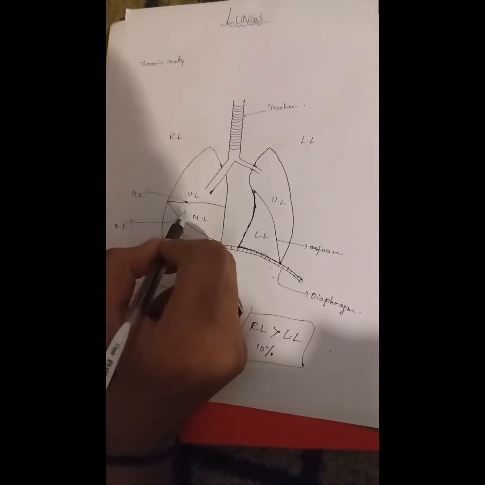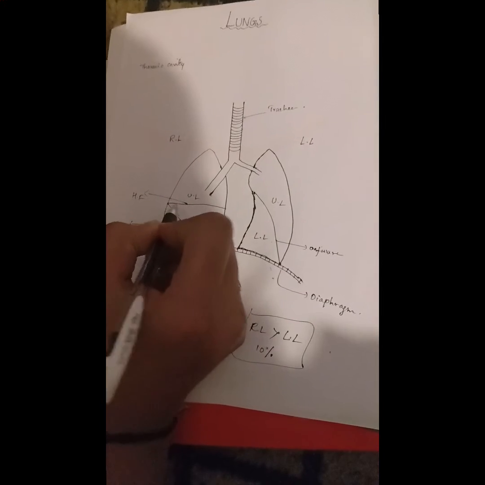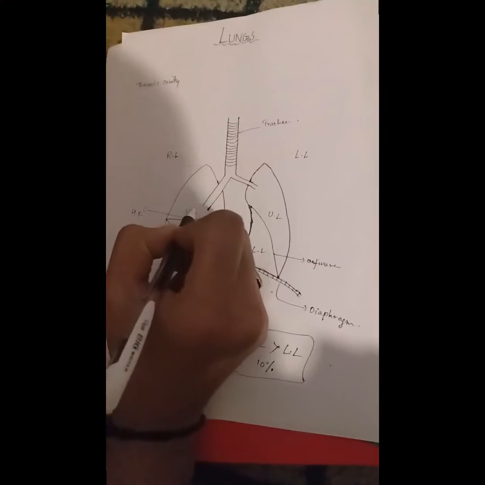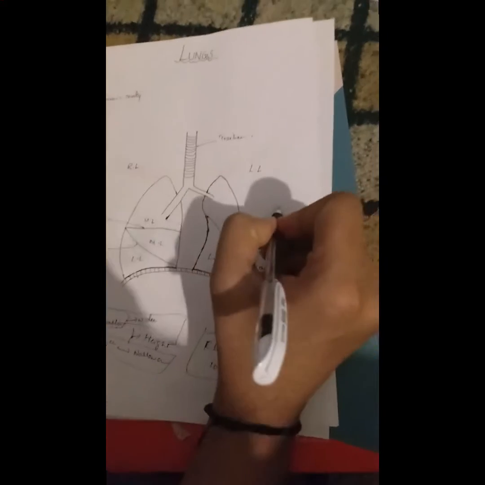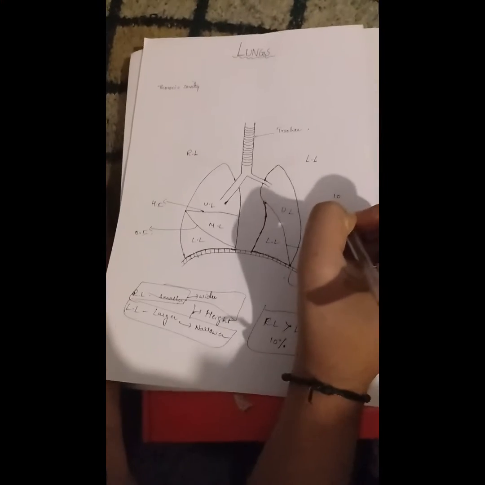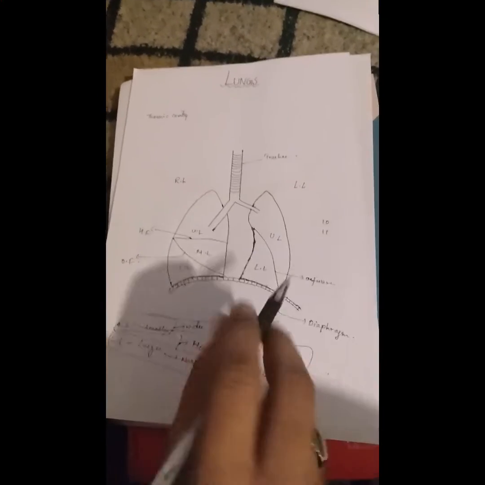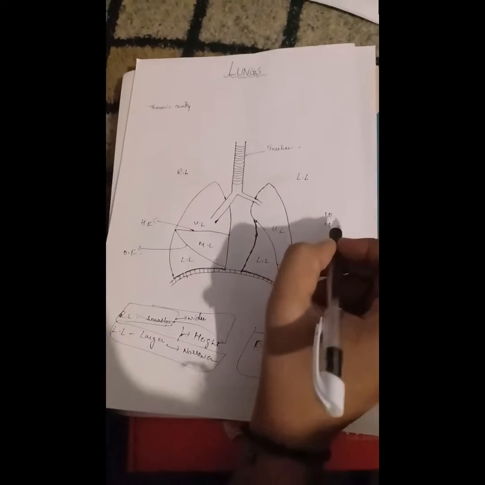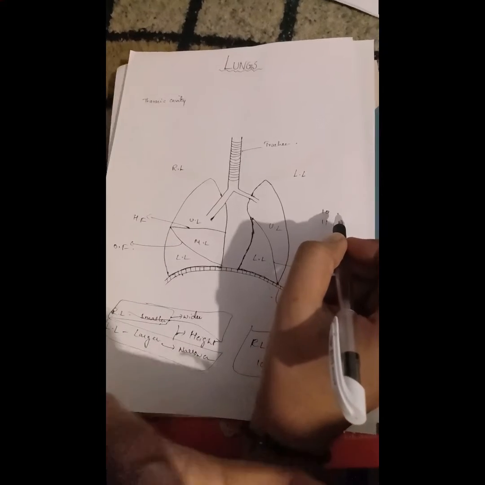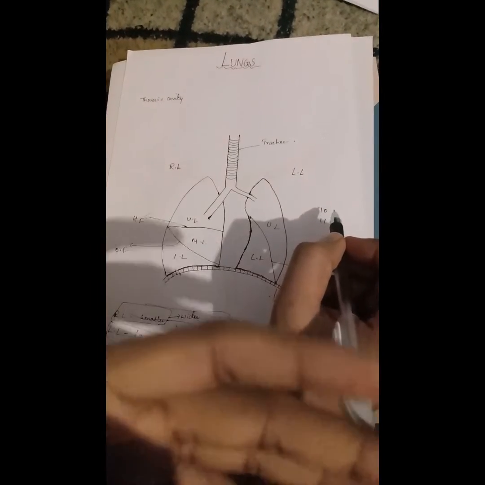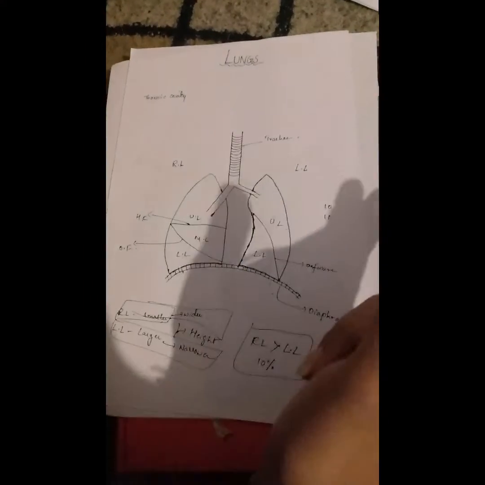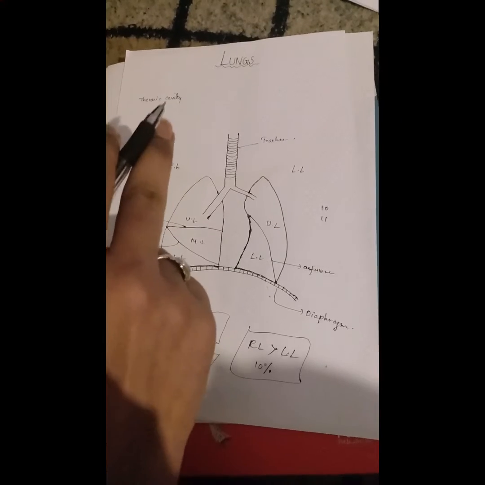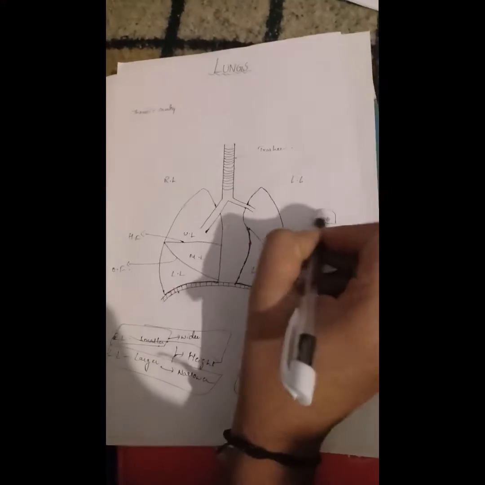Next, every lung has 10 segments. Some authors say 10 segments, some say 11 segments in each lung. Radiologically it is 11, and clinically it is 10 segments.